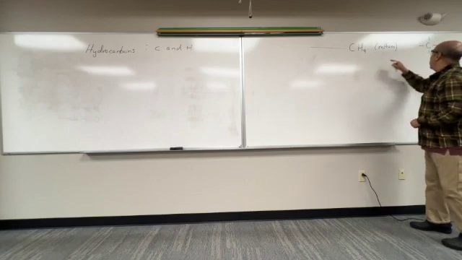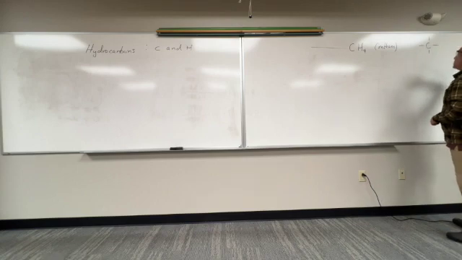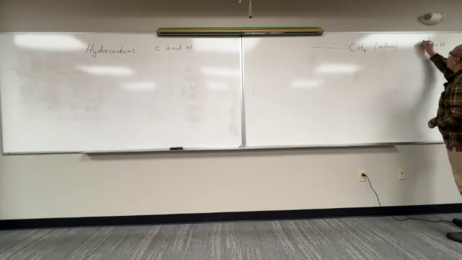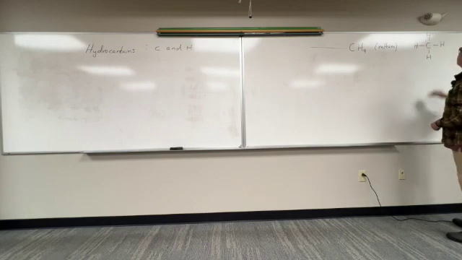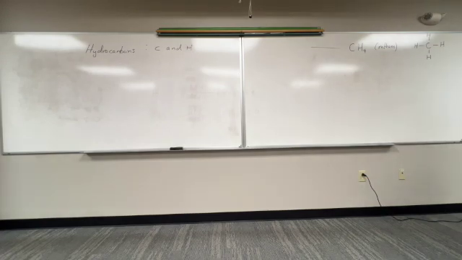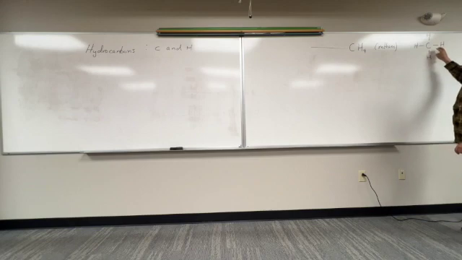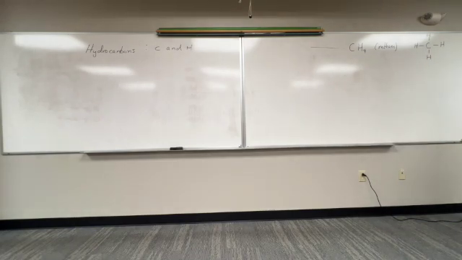So 1 carbon is capable of sharing 1 electron each with 4 different hydrogens. So methane, with this chemical formula, can also be written like that. It's the same information, except there's a little bit more detail here.